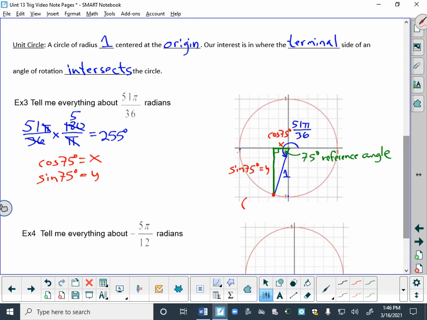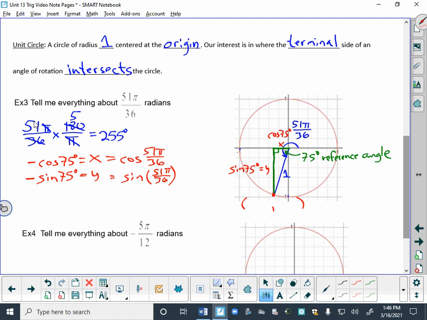And so this point, okay, and we could check this and find out, but this x should be negative, and this should be negative, and I would find that those are exactly equal to what I would get if I did the cosine of 51 pi over 36 radians, and this is the sine of 51 pi over 36 radians.